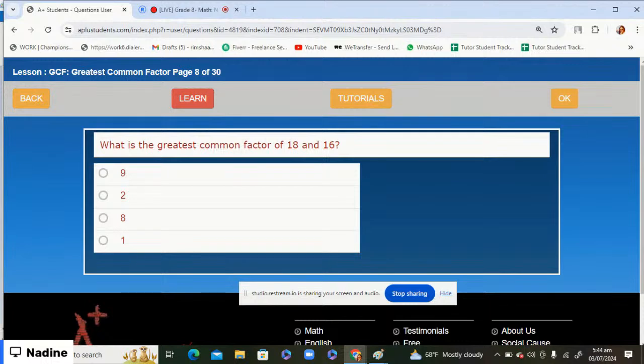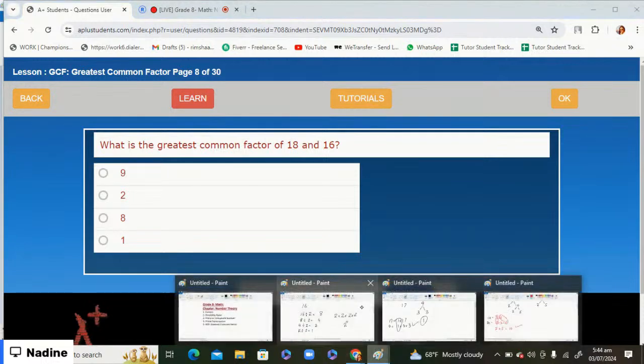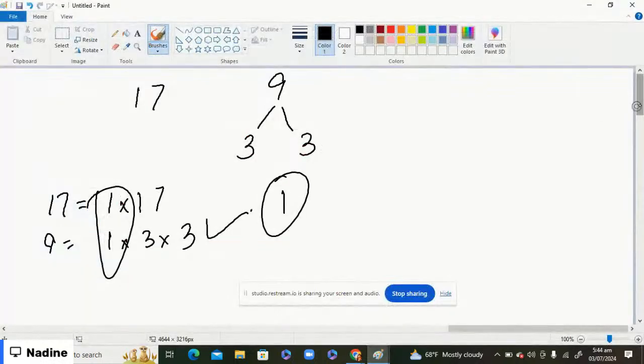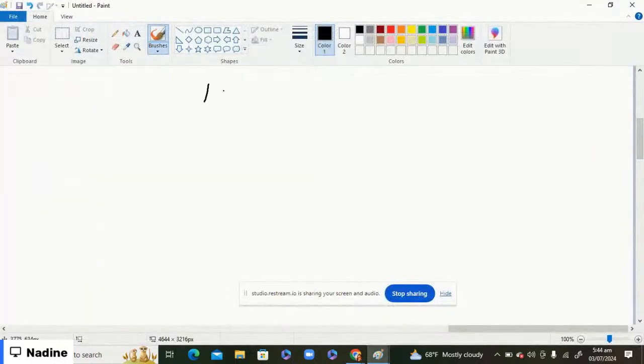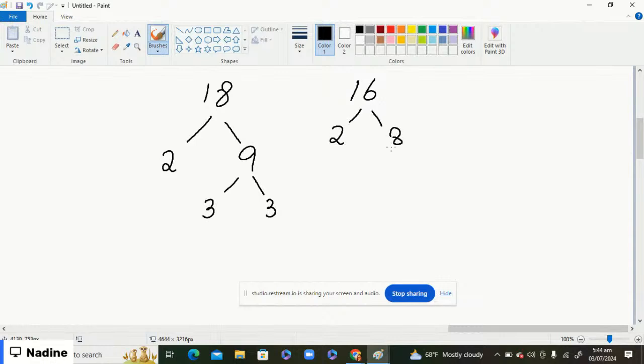Now what is the greatest common factor of 18 and 16? For 18, it's 2 times 9 is 18, 3 times 3 is 9. And 2 times 8 is 16, 2 times 4 is 8, 2 times 2 is 4.